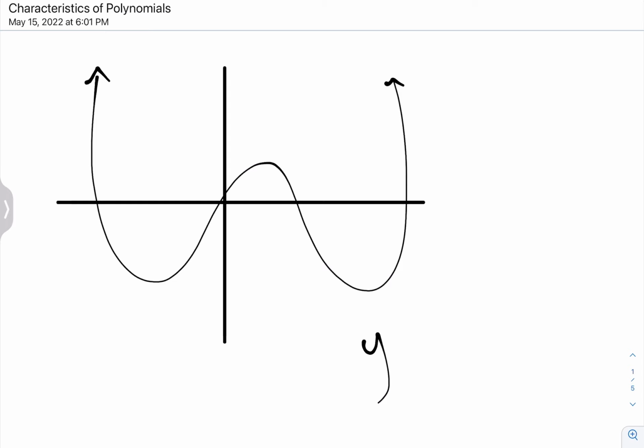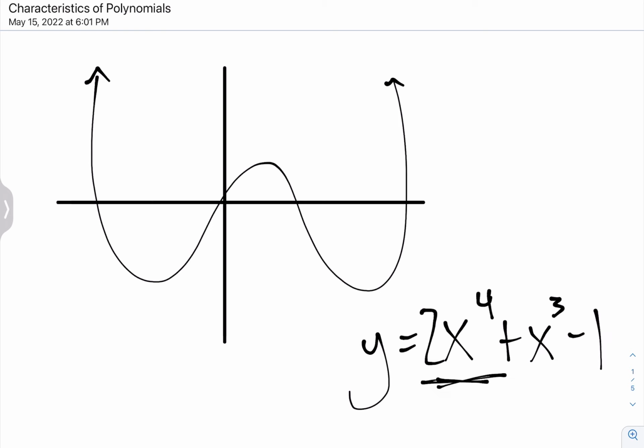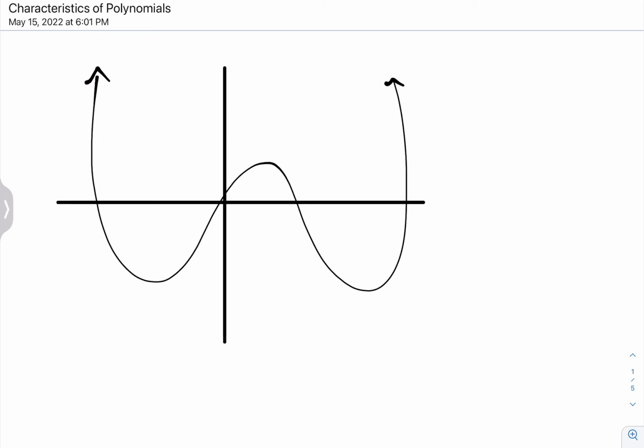So we can expect this to be a quartic function, so x to the power of 4. Now there might be a 2 in front and then plus x cubed minus 1 or something like that, but we know that it's probably going to be x to the 4 in terms of its degree. The degree of a polynomial is just the highest number in the exponent of your variable.